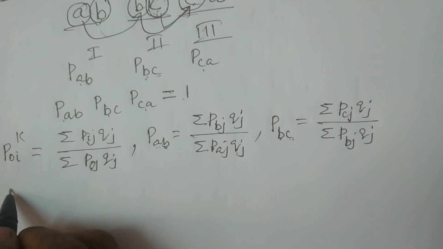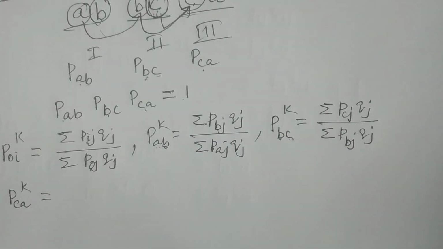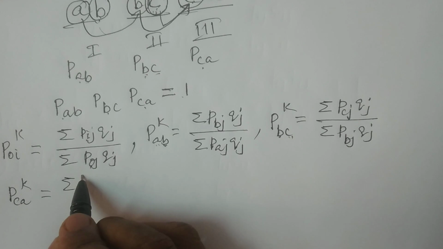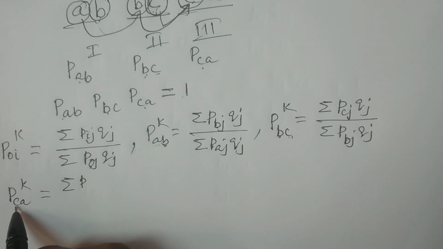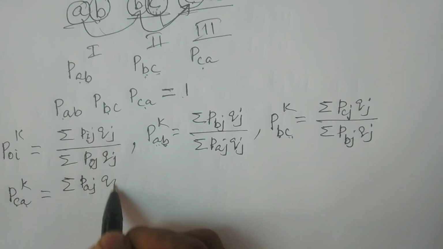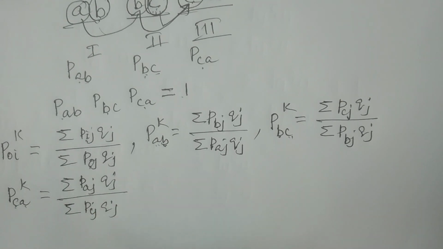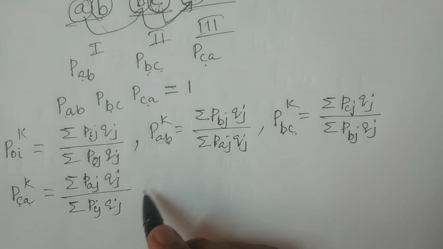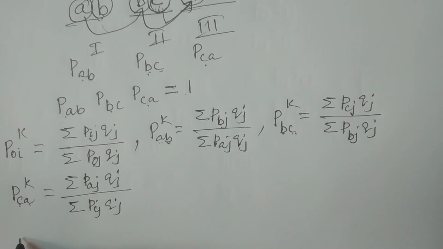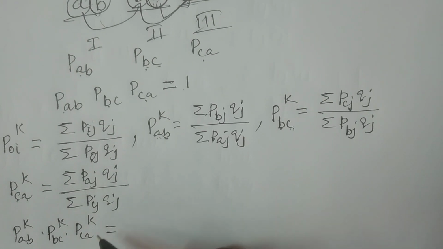Similarly, I am writing PCA Kelly, equivalent to B. This is also Kelly, this is also Kelly, right? And summation, here C is the base period and A is the current period, so PAj Qj divided by the base period summation PCj Qj. Am I right? Now it is required to calculate PAB into PBC into PCA. For Kelly, all three are equivalent.